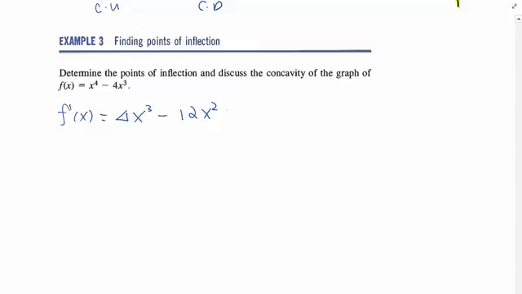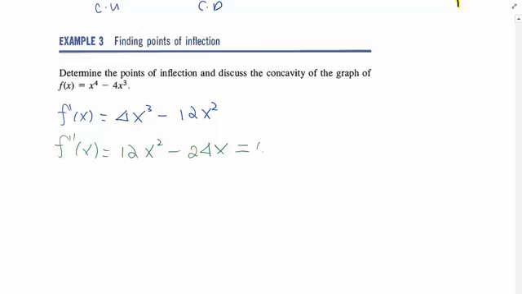Okay, now with one more time, f double prime of x will be 12x squared minus 24x here. Okay, so an inflection point exists when f double prime equals 0, or undefined, like the first derivative here.